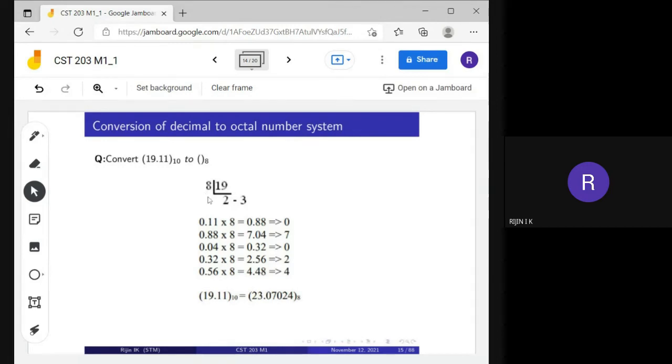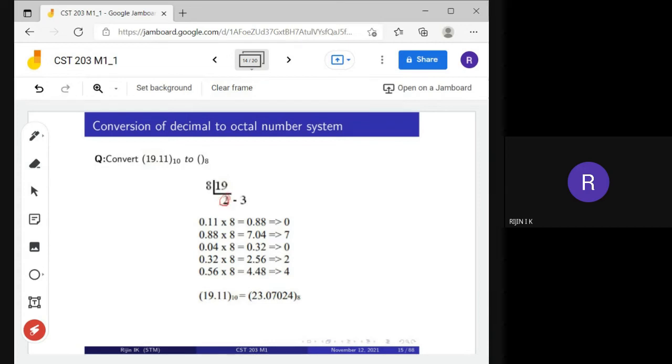Suppose you need to convert the number 19.11 into the corresponding octal number. What do you have to do? First we take the integer part, that is 19, and divide it by 2.